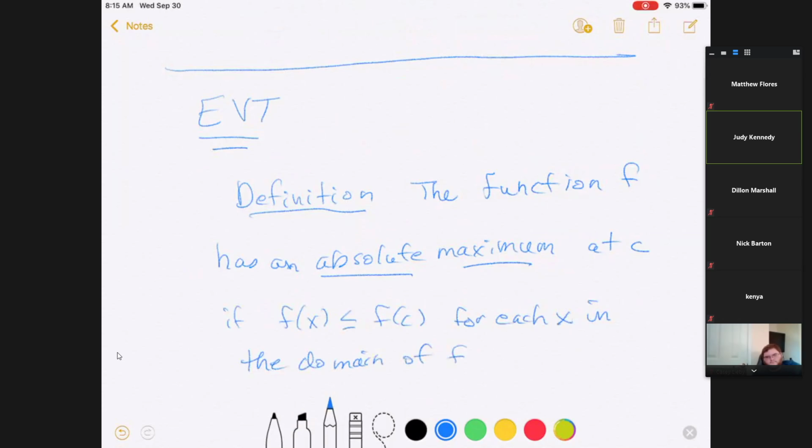So in other words, if you draw the graph, f of c is the highest level you reach.